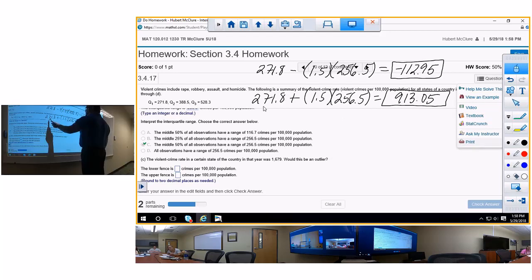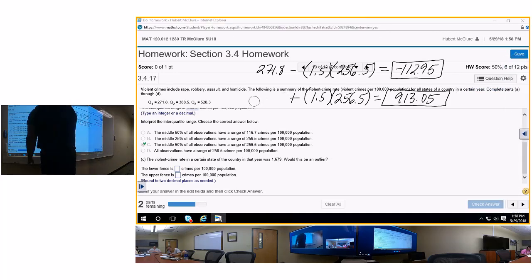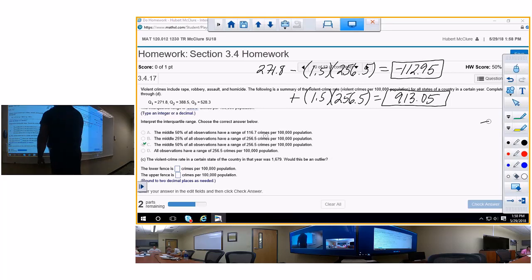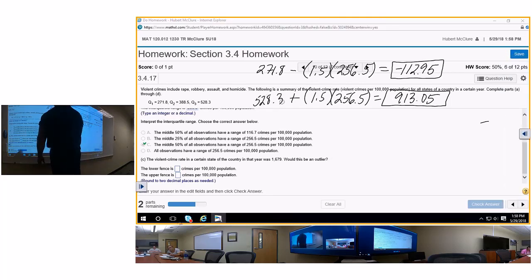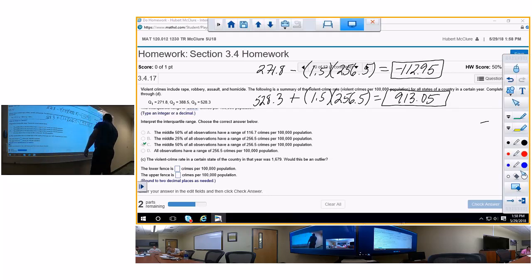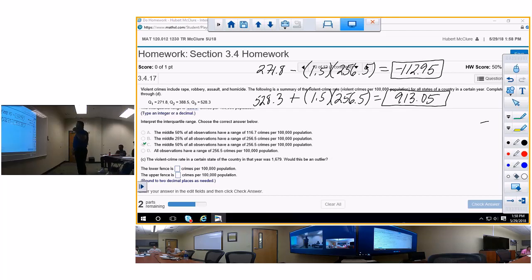Okay, right here is supposed to be what? 528.3. Thank you. 528.3 plus this. And what does it come out to be? That's the right answer you just found. Oh, okay. Make sure you make that note. I did Q sub 1, and you never ever do this.